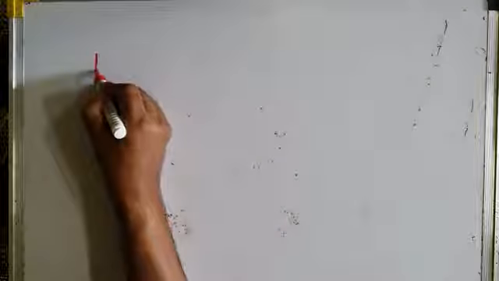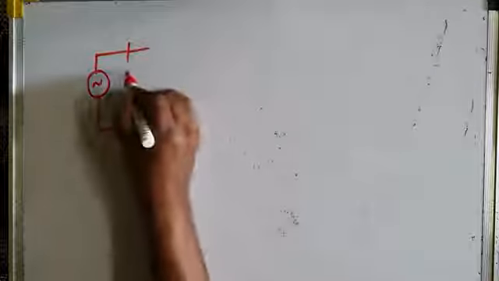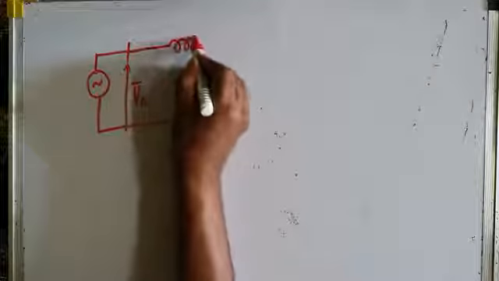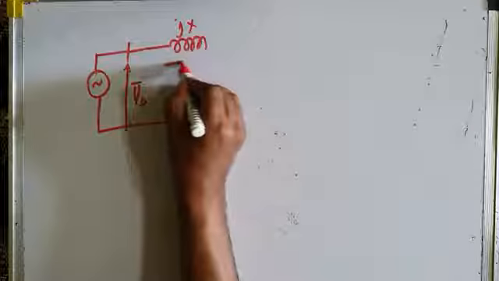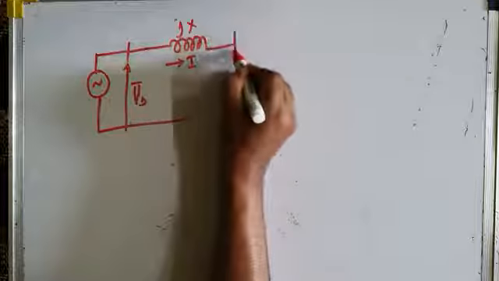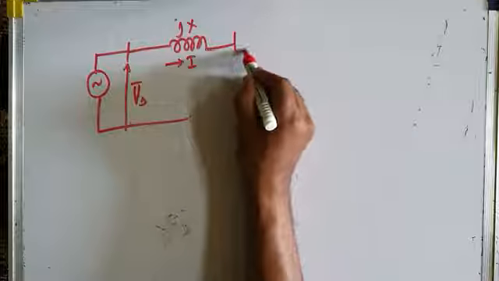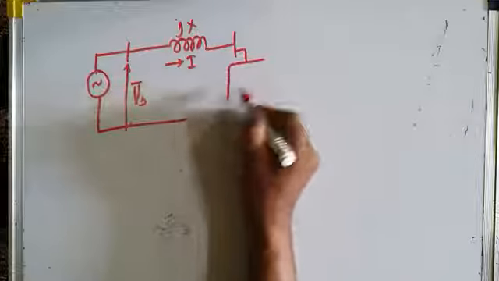So let us go for shunt compensation. This is again the sending end voltage Vs. This is the transmission line reactance. This is the line current. And at this bus, what we do is that we connect a compensator, a shunt compensator, of course.